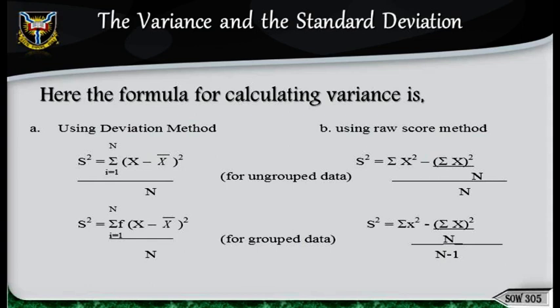B. Using the raw score method, s squared is equal to the sum of x squared minus (sum of x) squared all over n, all over n.